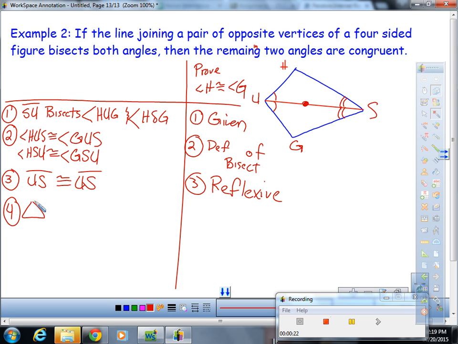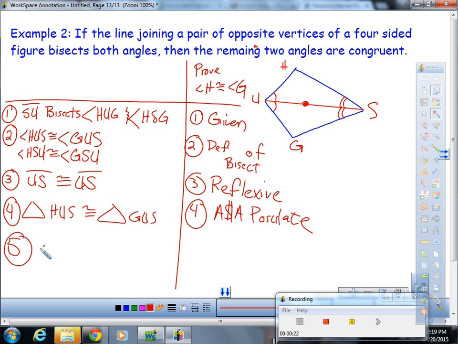Now I've got triangle HUS is congruent to triangle GUS by ASA Postulate. Okay. So now we know that angle H is congruent to angle G by CPCTC.